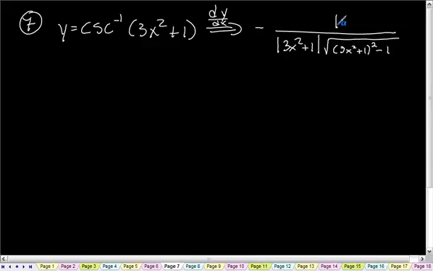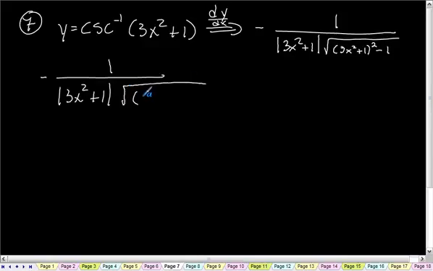Now we're going to try to simplify this on the bottom inside the square root. Inside the square root here, this is 3x squared plus 1 times 3x squared plus 1. On the bottom, I'm going to leave the top the same and the absolute value the same. Now I'm going to break this down into its parts, 3x squared plus 1 minus 1 inside the square root.